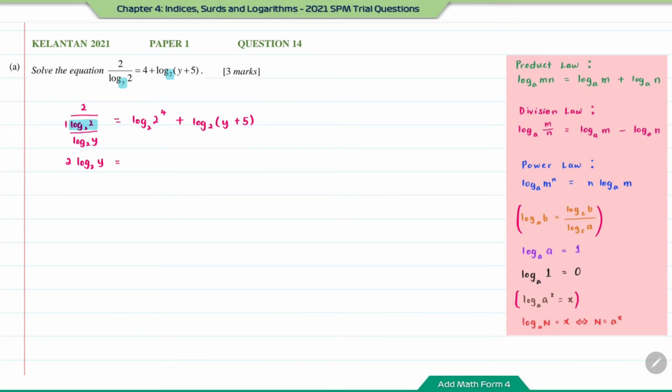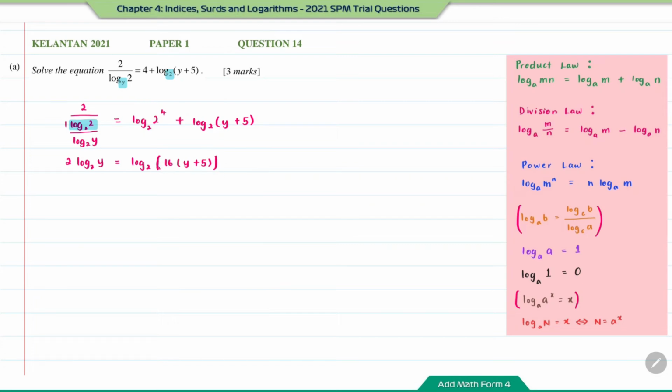So equal to, so on the right hand side, I can use the product law. So I can write this as log base 2 of 2 to the power of 4 will give you the answer of 16. Then we're going to multiply it with the y plus 5.